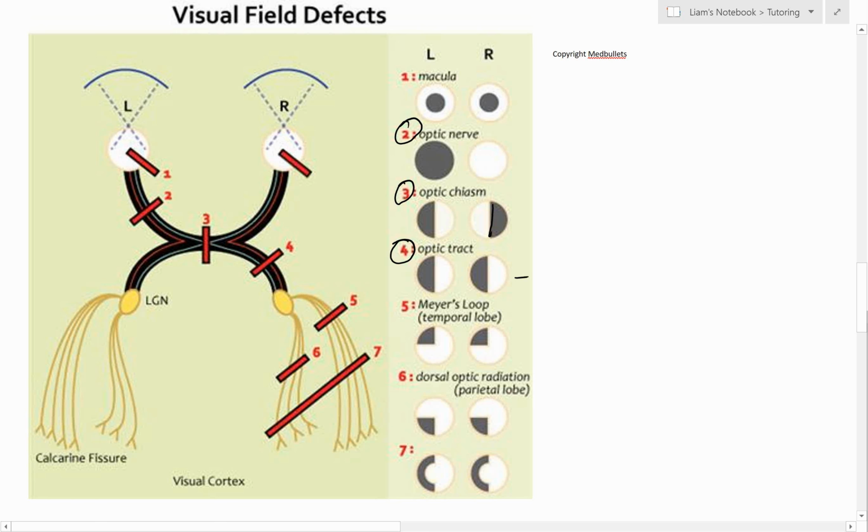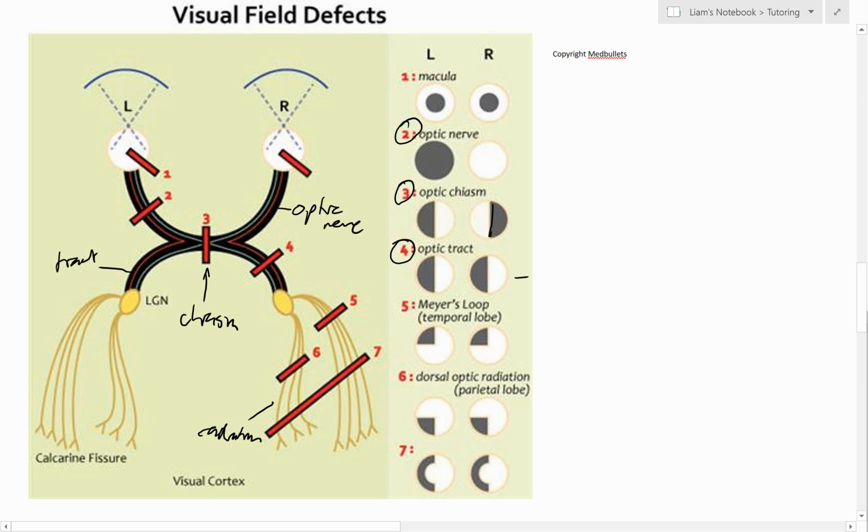If you remember from the previous video, we have the optic nerve, the partial decussation at the chiasm, and then following the chiasm we have the tract. And then down here we have the radiations. The optic radiations, optic chiasm, optic tract.